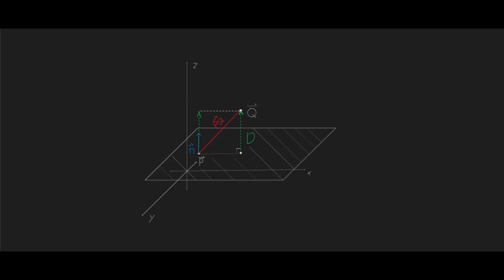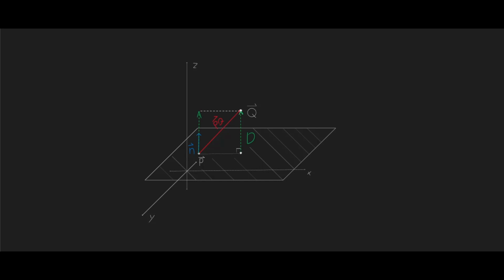So to find the distance from the plane to a point, we're going to use something called vector projection. We know this point P is on the plane, and we want to find the distance from the plane to Q. So we're going to make this vector here in red called PQ. That's the vector that goes from P to Q. And we also have this normal vector.